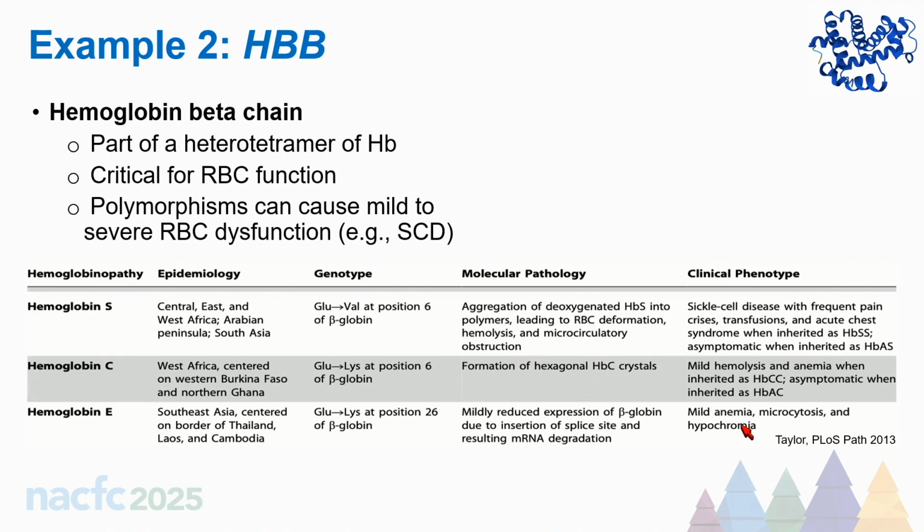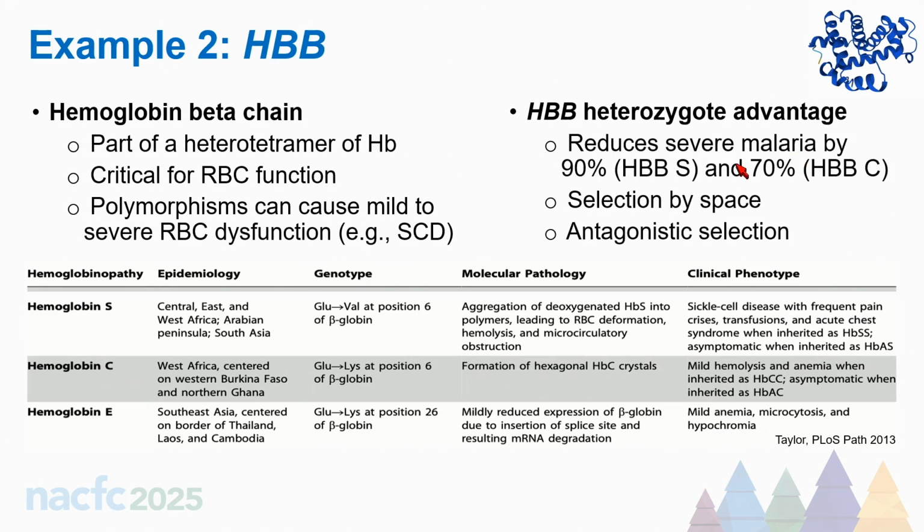What's interesting about all those 3 is that they reduce by quite a lot the severity of malaria in children. So for HBS, it's 90%. For HBC, it's 70%. So again, it doesn't prevent infection. What it prevents is for the infection to devolve into very severe, potentially fatal outcomes.